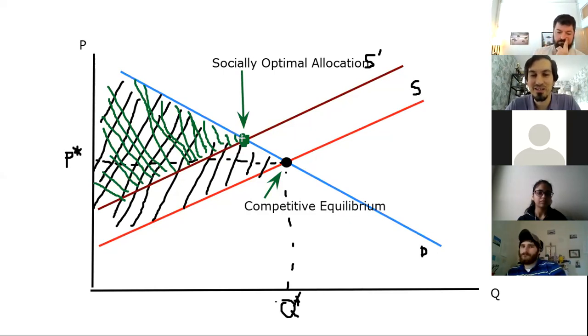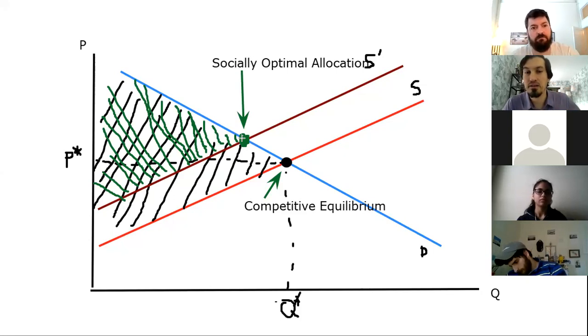It's not the best drawing in the world, but hopefully you see the difference between S and S prime, and the difference between the black dot and the green dot. The black dot maximizes the black area shaded in, but the green dot maximizes the green shaded area.